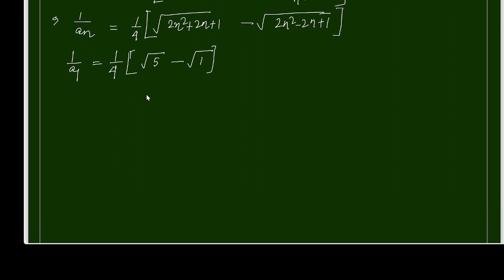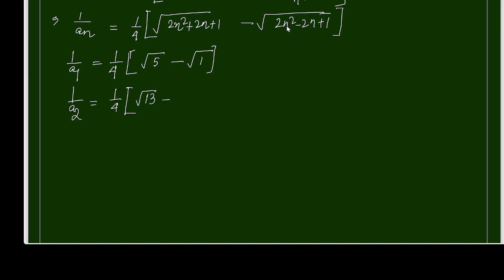Next I will go for reciprocal of A2. So it will be 1 by 4. When I put 2 here, it will be 4 into 2, 8, 8 plus 4, 12 plus 1, square root 30.